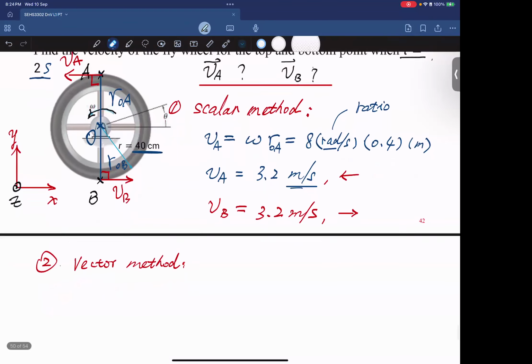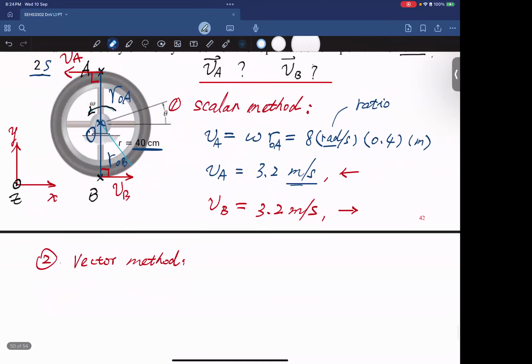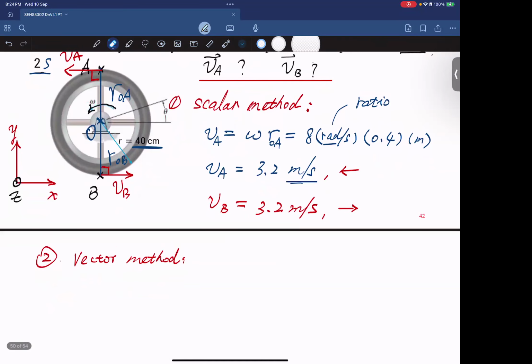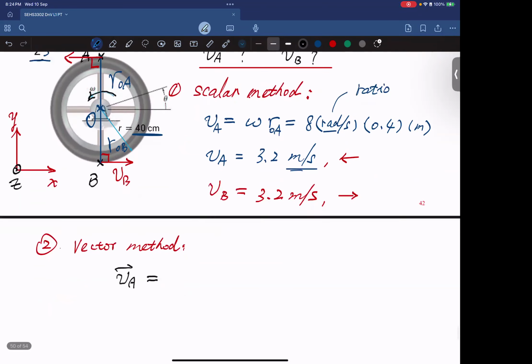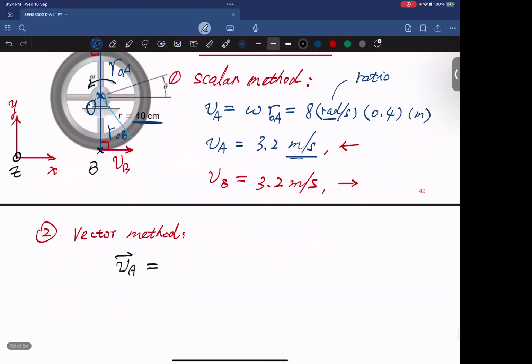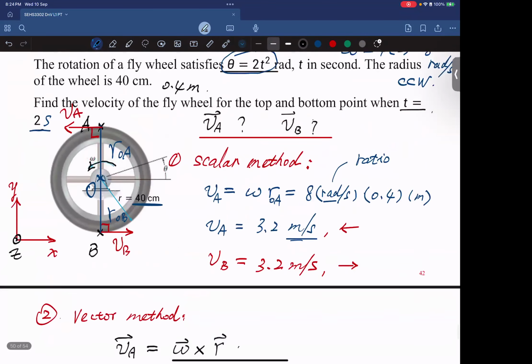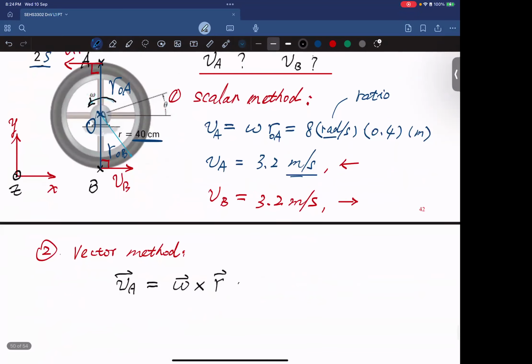Okay, so in vector method, we want to calculate VA directly, which is easy because we have the vector version, which is omega cross R. By using this example, we just talk about the theory.